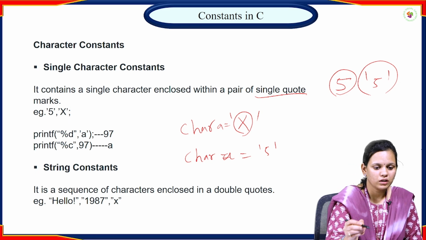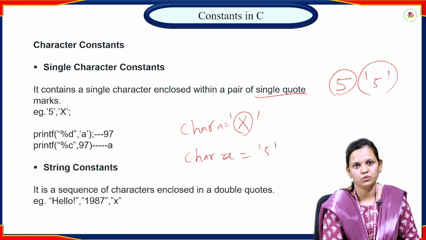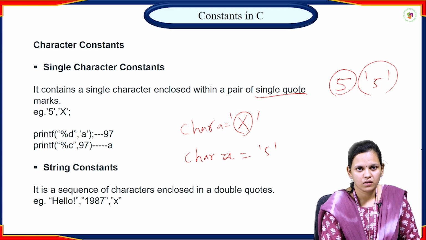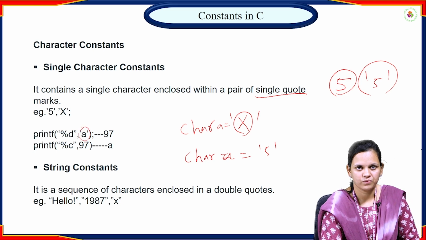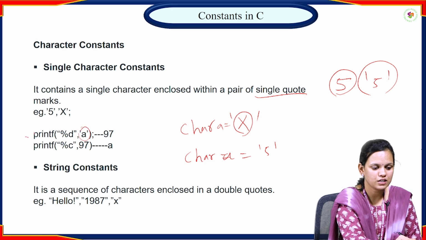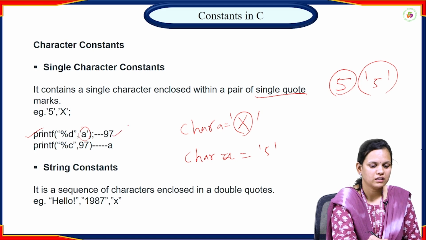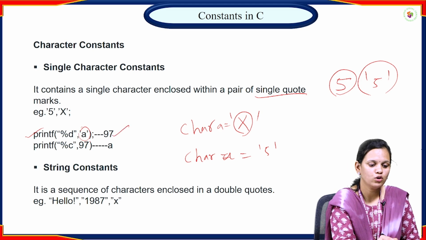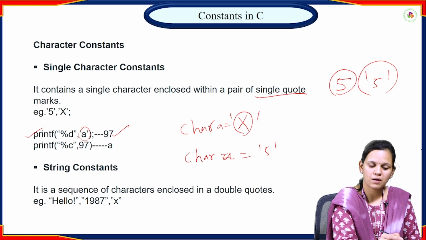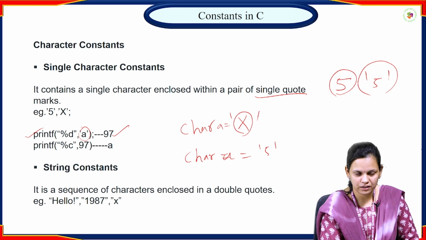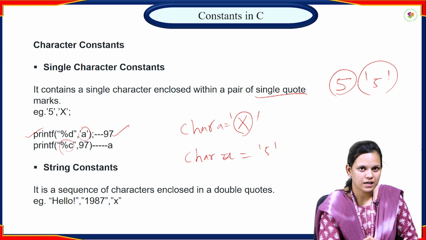Each and every character has an ASCII value in the C programming language. If you want to print the value of a, you'll get 97 as the output because the value of small a is 97. If you give this number and want to print the character constant, %c is the format specifier for a character data type.